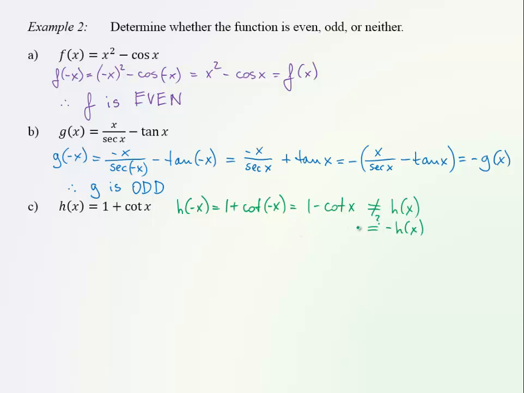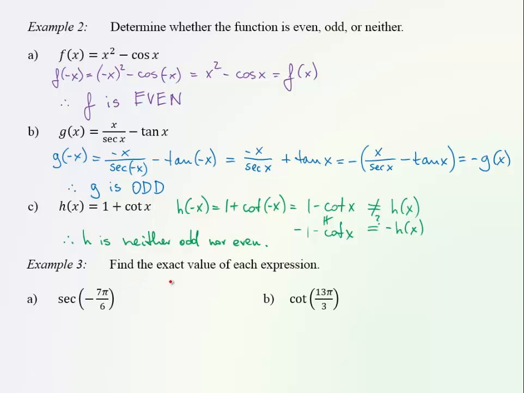Well, no, because negative h of x would be negative 1, negative cotangent x. Again, that's not the same. Therefore, we don't have any symmetry here. It's neither odd nor even. Therefore, h is neither odd nor even.